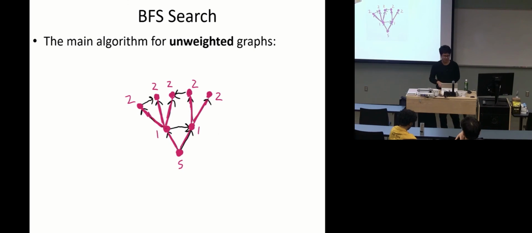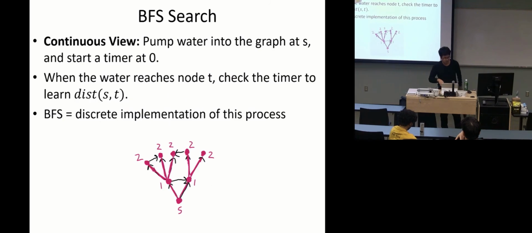Another way to look at this simple algorithm is to take the continuous view. Just imagine that you pump some water into S, and it just keeps growing a ball from S in a continuous way. Start your timer at 0.